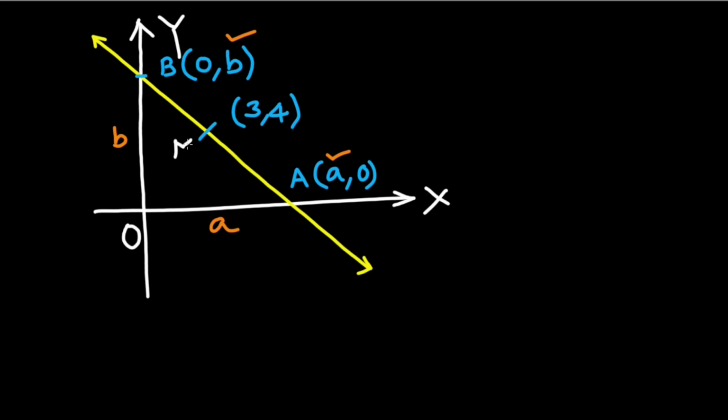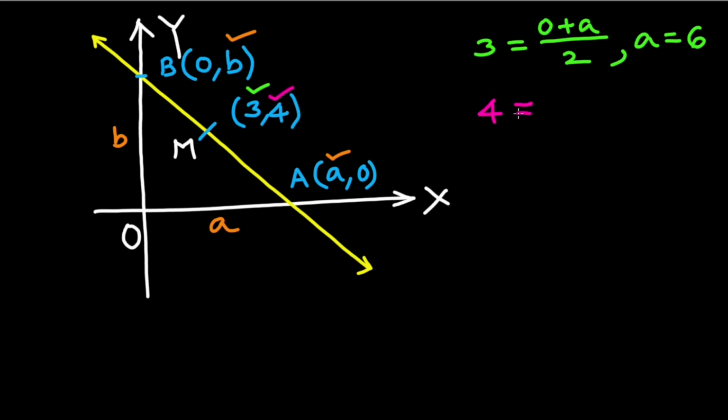Suppose this point is M. Now, since M is the midpoint, by the midpoint formula, we write 3 equals 0 plus A by 2, which gives A equals 6, and 4 equals B plus 0 by 2, that gives us B equals 8.